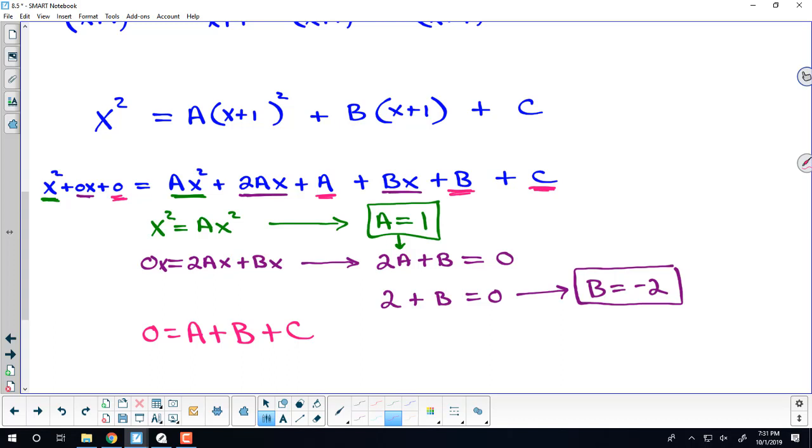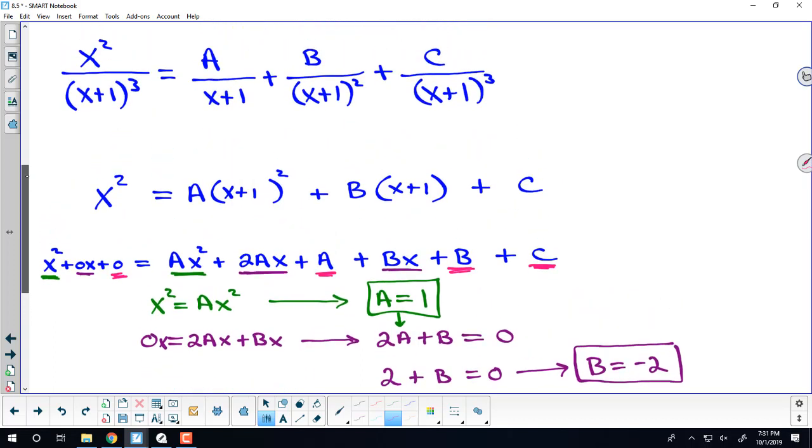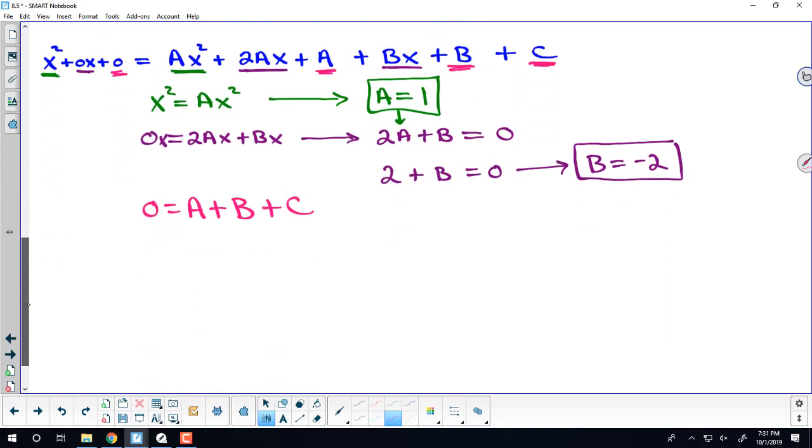In this type of one, C will always be by itself, right? Yep.